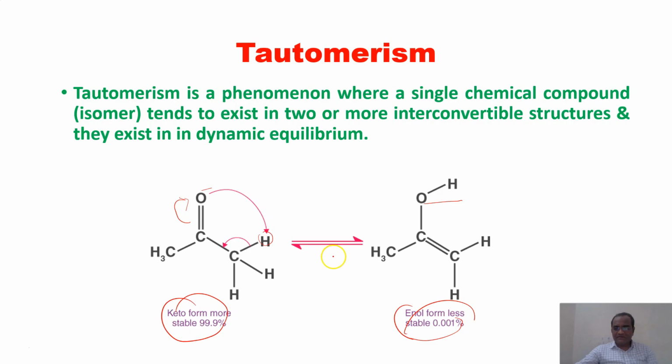When the temperature rises or there are changes in temperature, the molecule will try to be in the enol form, so keto will be converted to enol form, but keto is the stable form. Such type of isomerism is called tautomerism.